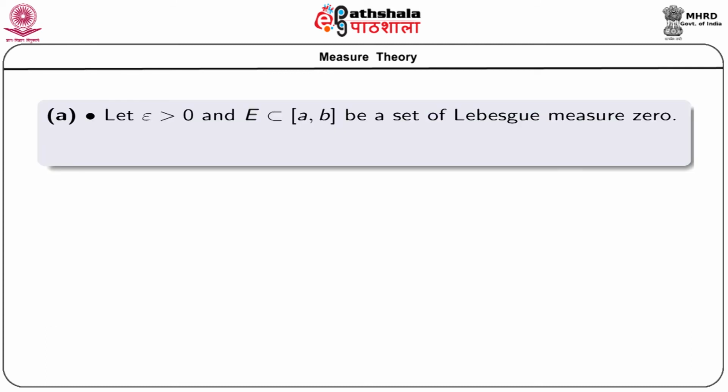We start with the proof of the assertion A. Let epsilon greater than 0 be given, and let E subset of a b be a set of Lebesgue measure 0.